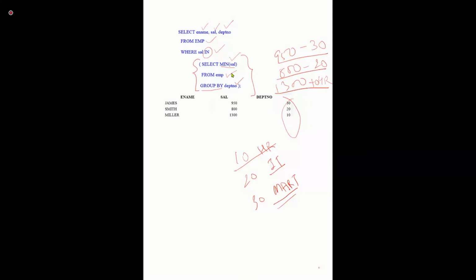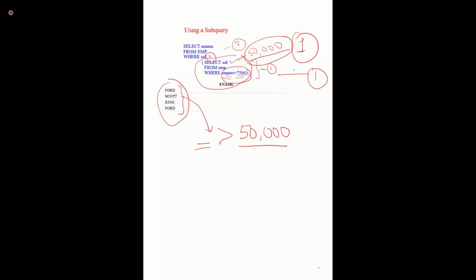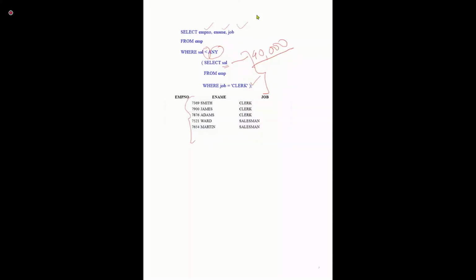So depending upon that, we have to use the keyword specifically. Now if you observe here, these are single row output inner subqueries, so we are using the comparison operator here without any keyword, that is less than, greater than or equals to. We are not going to use in or this kind of keywords. Why?